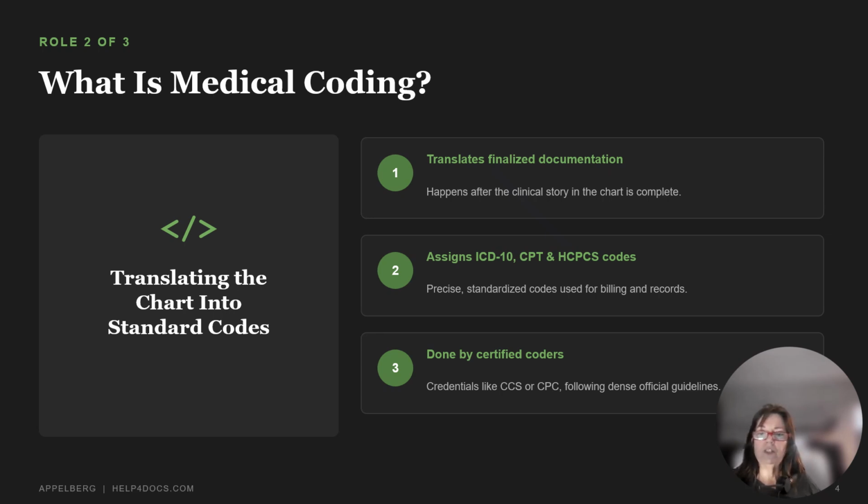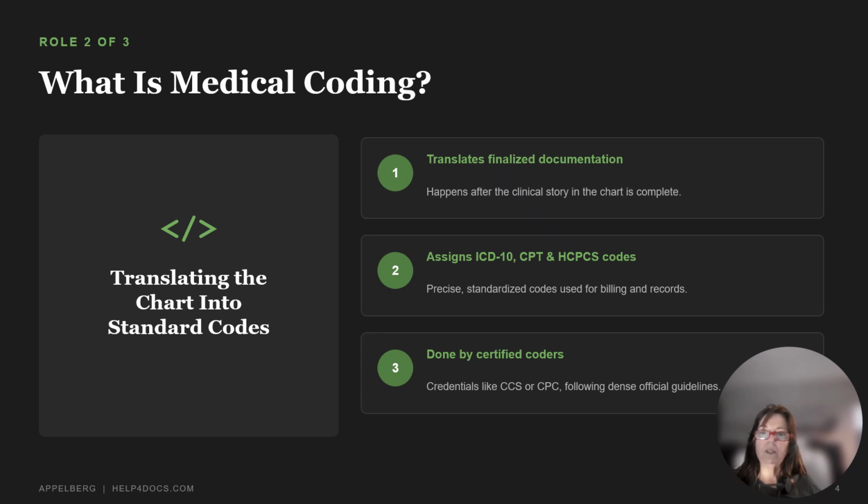If a physician writes type 2 diabetes with diabetic nephropathy, the coder knows exactly which ICD-10 code combination captures that relationship, in the right order, with the right level of specificity. This is precise, detail-heavy work.